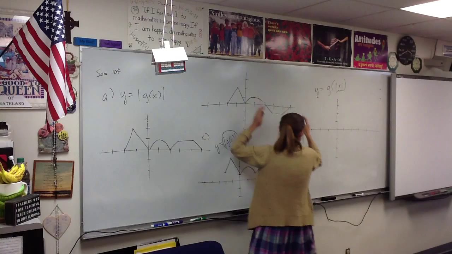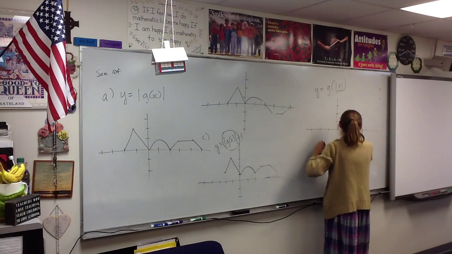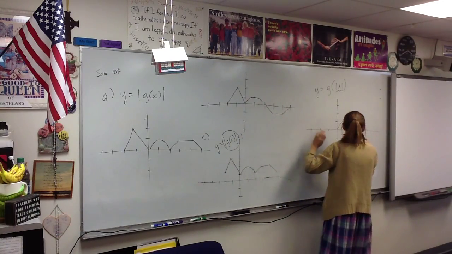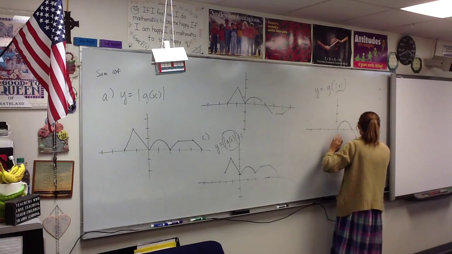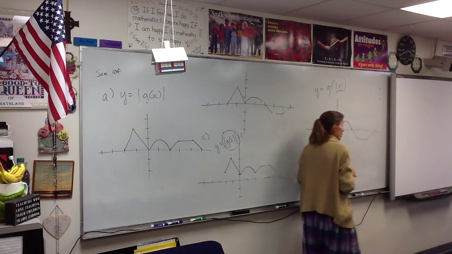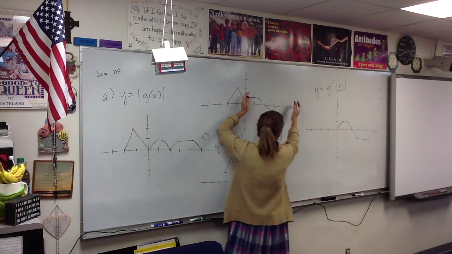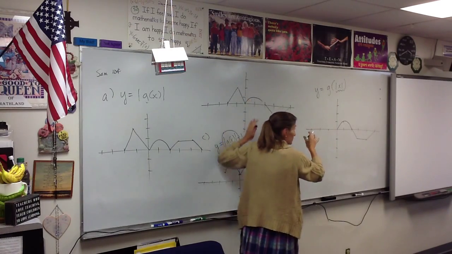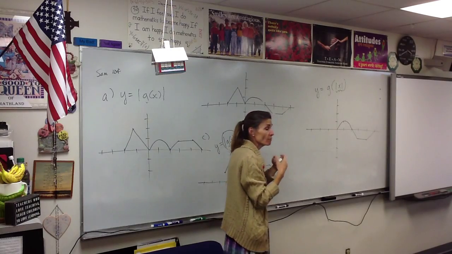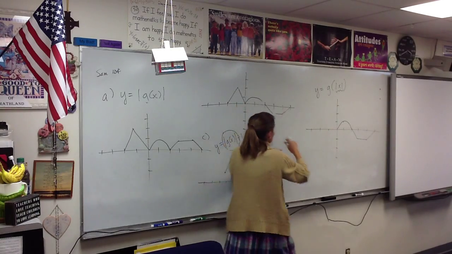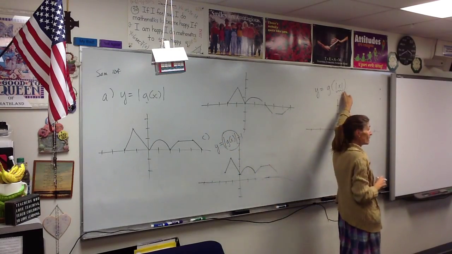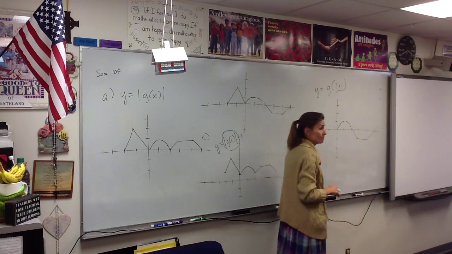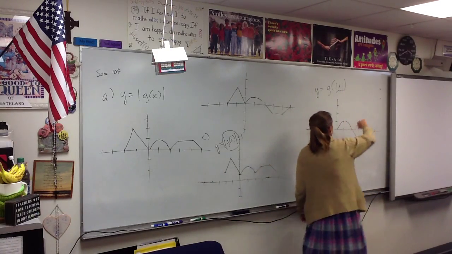So for us, that would be the circle and the trapezoid. And I want you to redraw it. Whatever the shape is, just redraw it. When you have the absolute value of just x, redraw the right side.